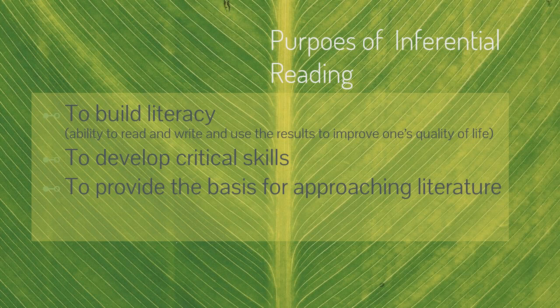Here we talk about the fundamental theories of inferential reading. The second one is on the elements of arguments. And the third one will be on inferring literature. Now, these 3 are related to the 3 purposes of this course.